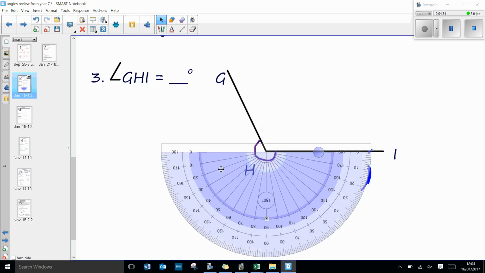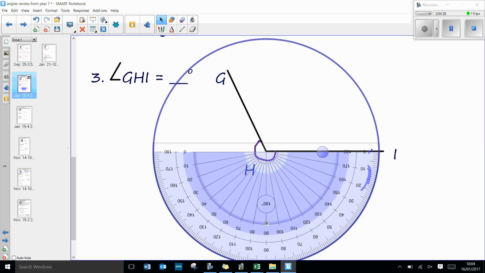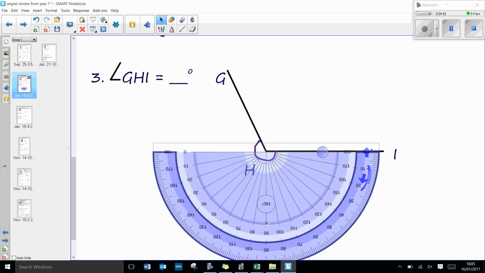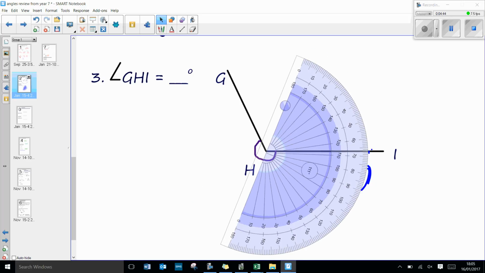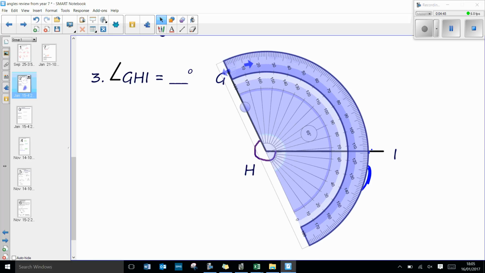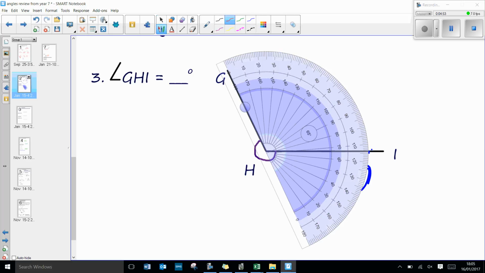So what we would do is measure the smaller of the 2 angles. Okay, so we're going to measure this smaller angle outside here. Okay, so we're measuring this angle, and then we would subtract that value from 360 degrees.